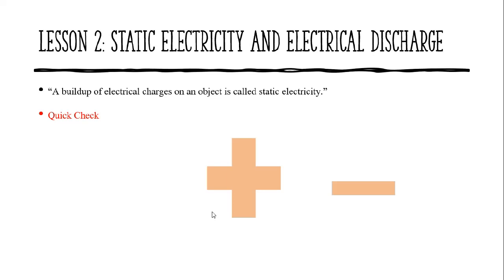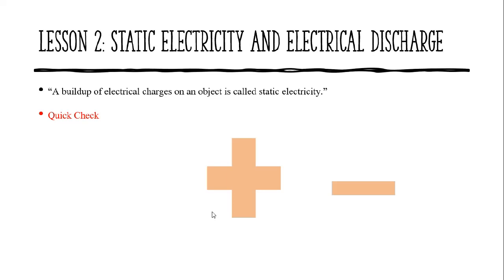So this is what causes the difference in these different balloons. And if you notice, the neutral balloon is not attracted to anything. It's just in its own stationary position. However, the negatively charged and positively charged balloons are attracted to each other. Once again, opposite charges will attract. So my negative charges in balloon 3 are attracting the positive charges in balloon 2. That's why the two balloons are close together.